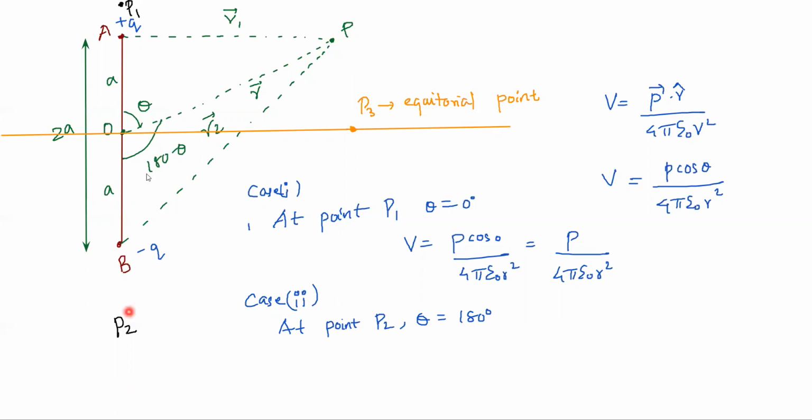So this theta value is increased and becomes 180 degree. So we have the potential as p cos 180 degree by 4 pi epsilon naught r square. Cos 0 degree is 1, cos 180 degree is minus 1. So we have our potential as minus p by 4 pi epsilon naught r square.